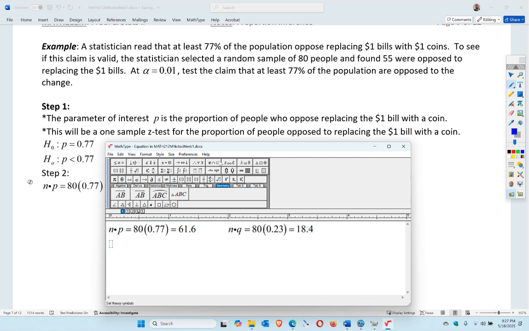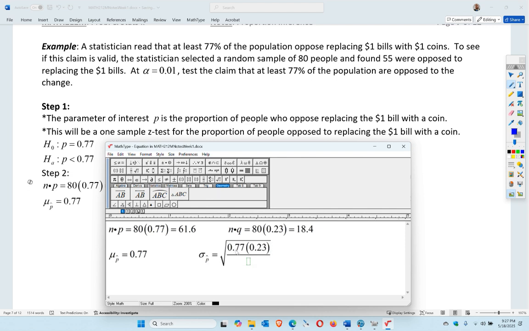Okay, and we need our sample proportion. Our sample proportion is going to be 0.77, right? It should match the population. And then the standard error for the sample is the square root of 0.77 times 0.23 over 80.